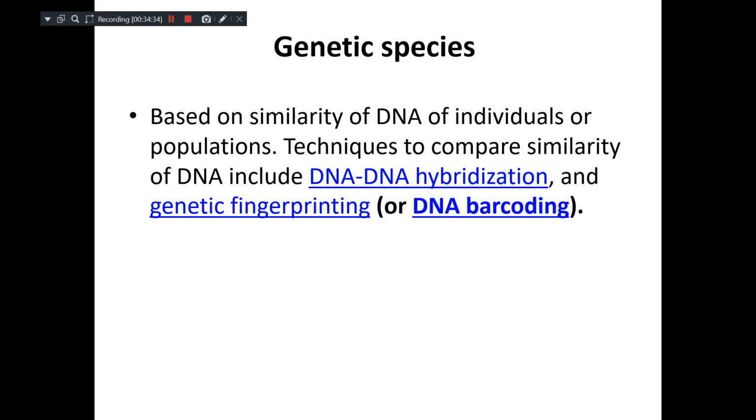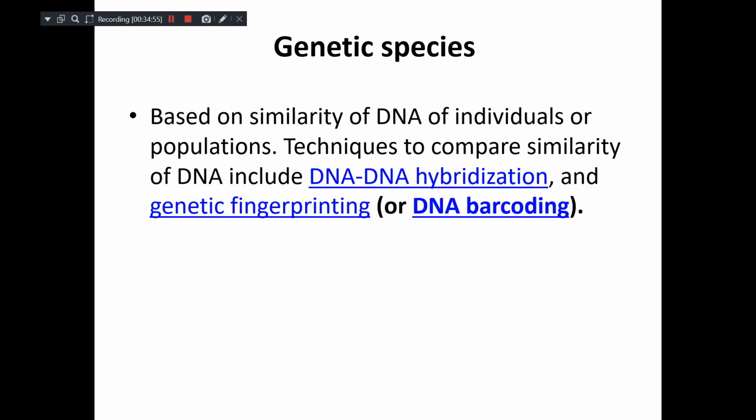Then genetic species is the most recent and more modern one, which has been proposed by the geneticists. And this species definition is mainly based on the present day development in the field of genetics.